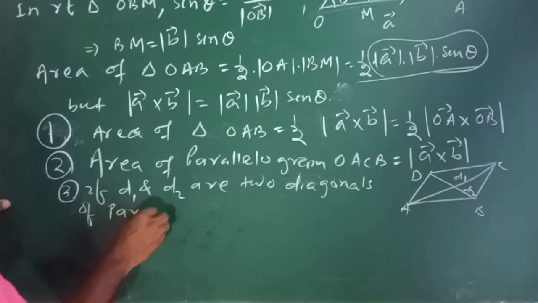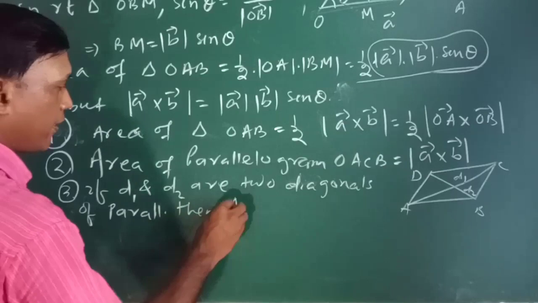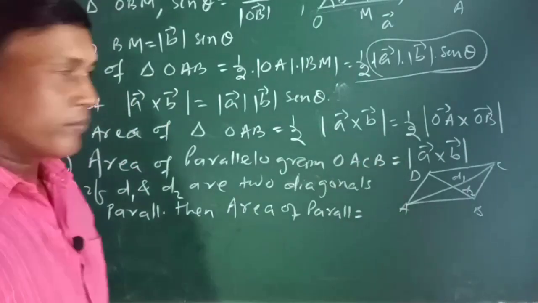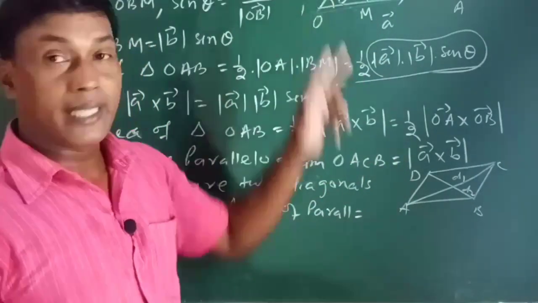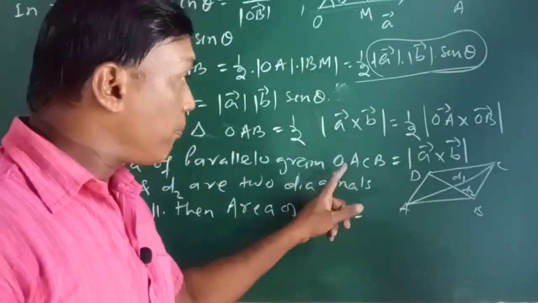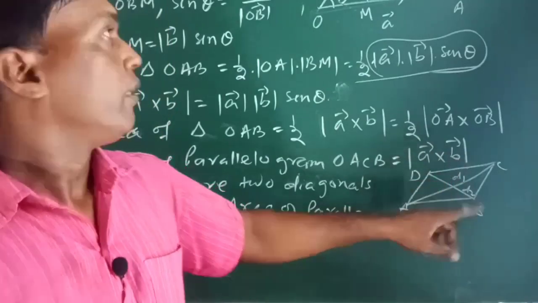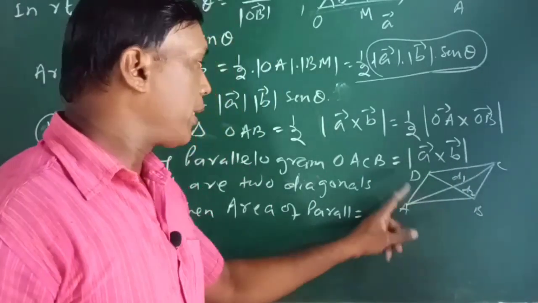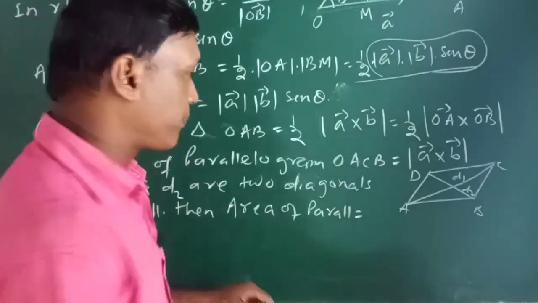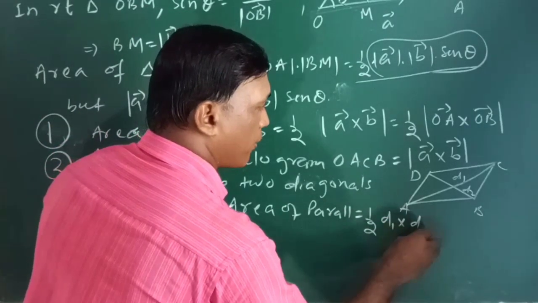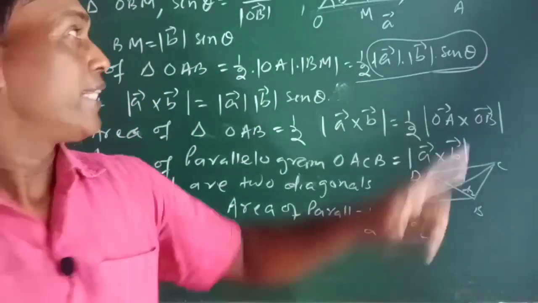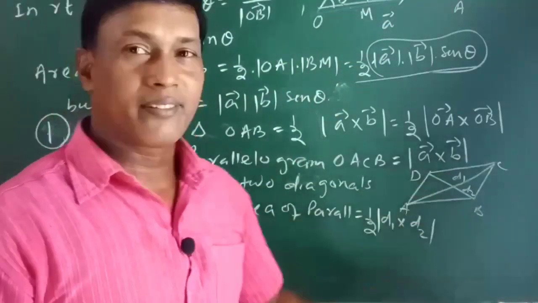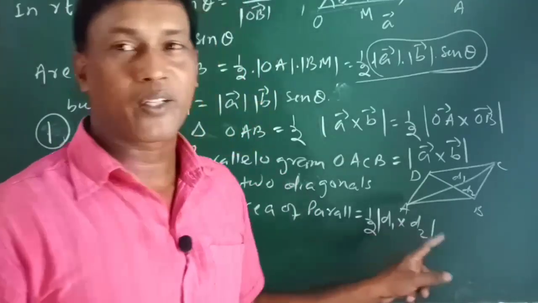Then the area of the parallelogram, if you have two sides given, is the magnitude of A cross B. If two sides are not given and you have two diagonals D1 and D2, then the area is half of the magnitude of D1 cross D2.